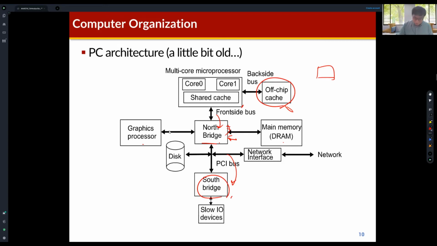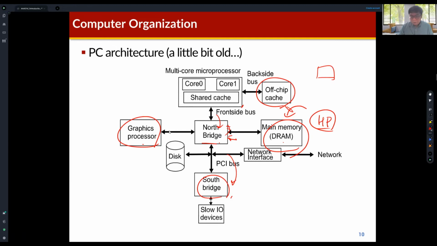So usually graphics processors or main memory require wide data bandwidth, right? Those components require very high performance data movement, so these high performance devices are located near the CPUs.